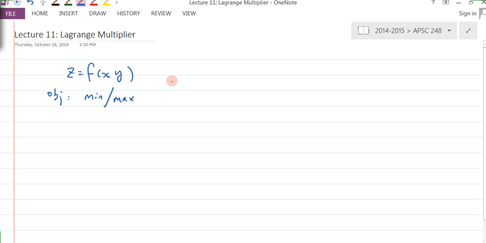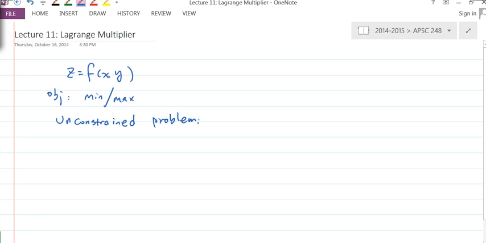This is from the previous lecture, and oftentimes we call this an unconstrained problem. What that means is you don't have any constraint on the x and y values. x and y can be anywhere in the space, and you try to find the min and max. That's called an unconstrained problem.